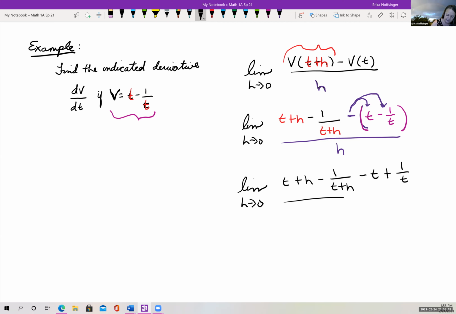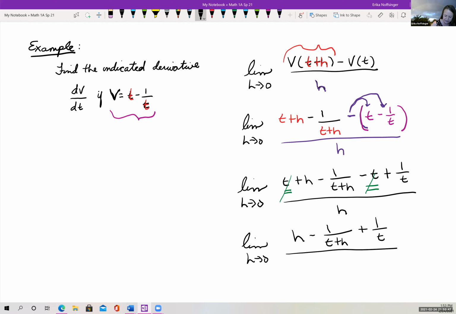Notice we can clean this up a little bit in the numerator. I have a positive t and a negative t, and those cancel each other out. So the limit as h goes to 0, we have h minus 1 over t plus h plus 1 over t, all over h.